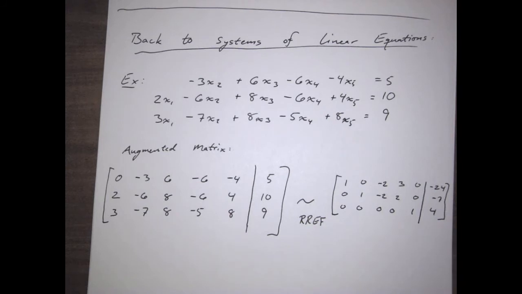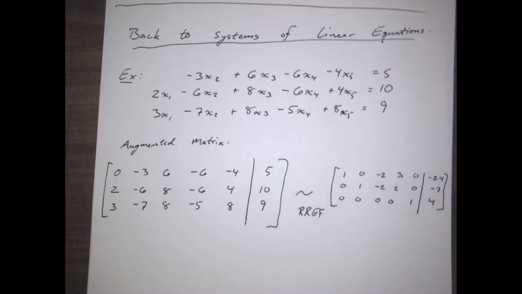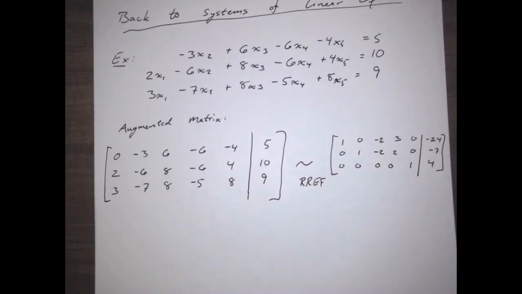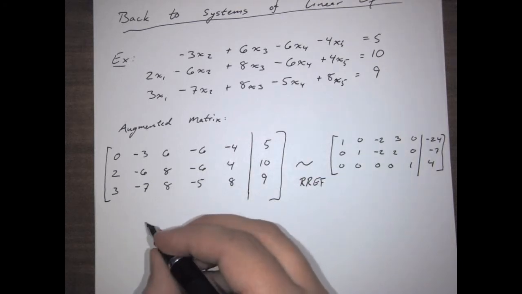And that last column represents all the constant terms. So by putting it all in matrix form, we were able to go step by step, get here, and what we now have is the system of equations boiled down into this much simpler version.